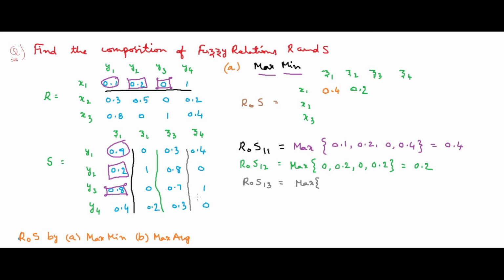Minimum of 0.1 and 0.3 is 0.1, minimum of 0.2 and 0.8 is 0.2, minimum of 0 and 0.7 is 0, and minimum of 1 and 0.3 is 0.3. Now tell me what is the maximum value out of 0.1, 0.2, 0 and 0.3. The value will be 0.3.